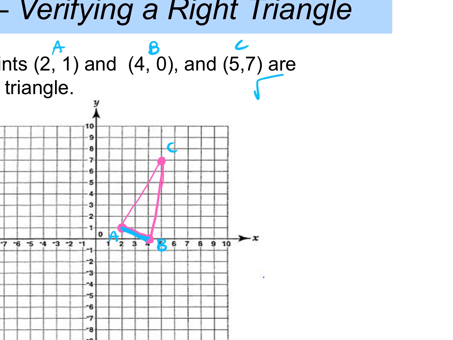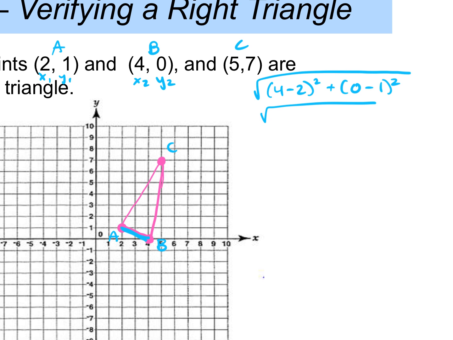So we're going to do the square root of, I'm going to label my points x1, y1, x2, y2, and plug it in. So we have 4 minus 2 squared plus y2 minus y1, which would be 0 minus 1 squared.